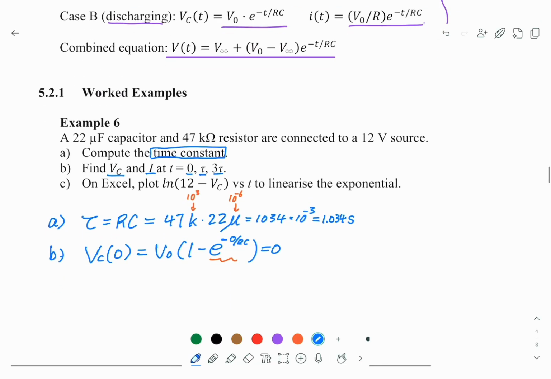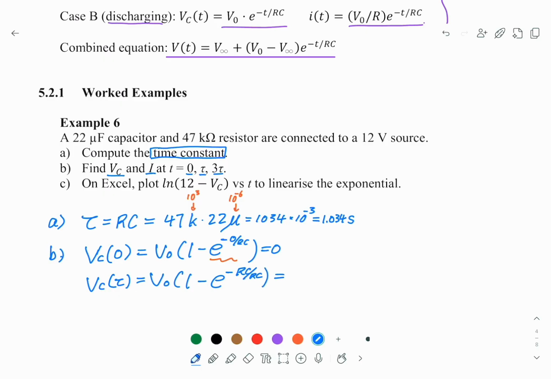Okay, and for one time constant, V naught times 1 minus e to the minus 1, when t equals 1 time constant, meaning t equals RC and the denominator is RC.